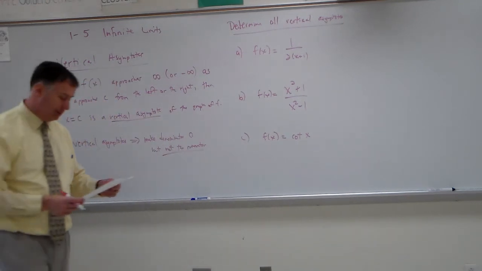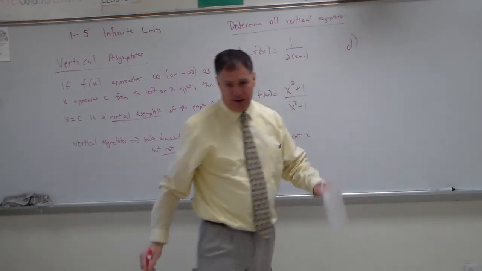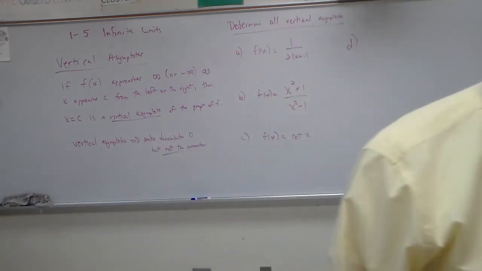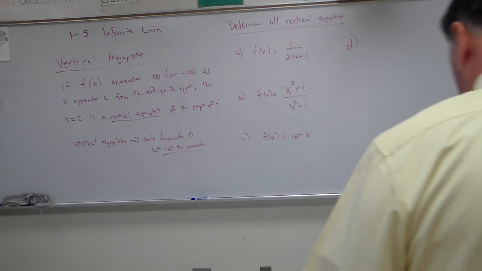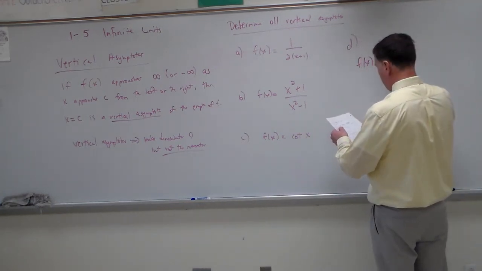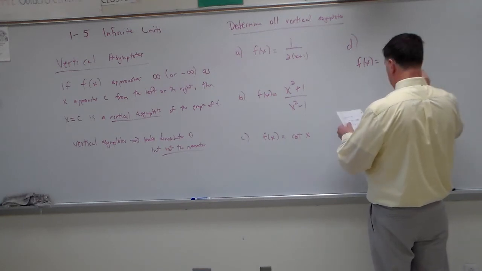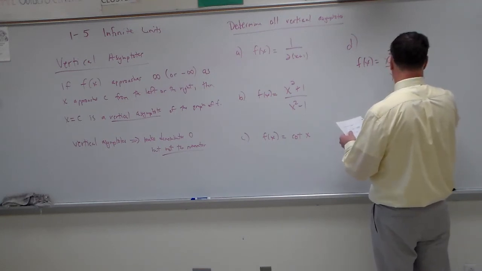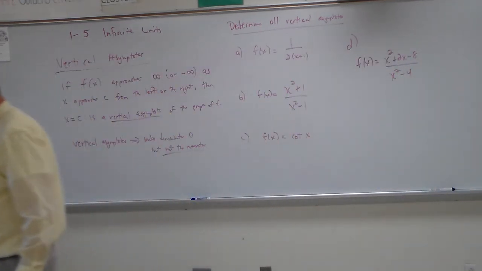Okay, let me give you another one. We'll do a D. Well, D is going to fit in my viewing window here, but let's take a look. I think so. It's hard to see from here. D. F of x equals x squared plus 2x minus 8 over x squared minus 4. And that's going to finish off section 1.5.